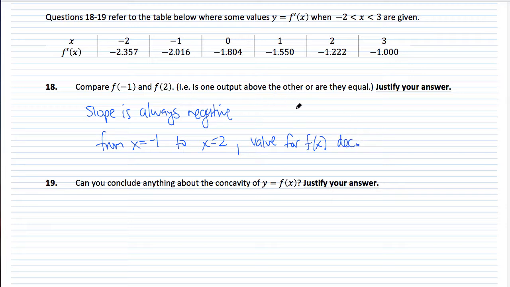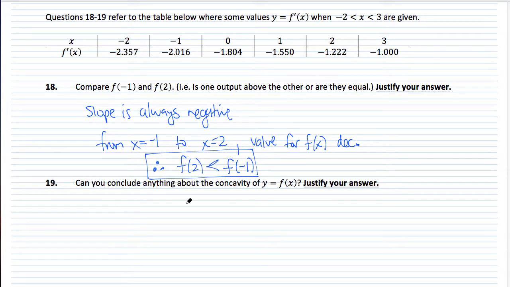Therefore, what does that mean for us? That means that f of 2 has to be less than f of -1. That value is decreasing. You could also say f of -1 is greater than f of 2. That is the same thing. But the reason I know that is because this value for the derivative is always negative.